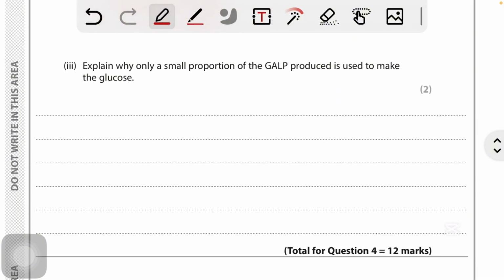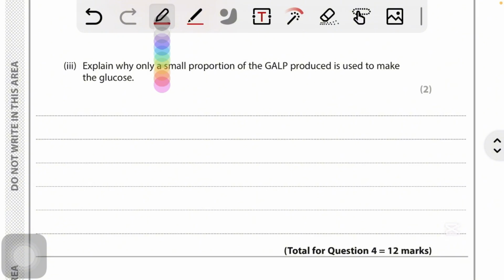Explain why only a small portion of the GALP produced is used to make glucose. It is because to continue the cycle, GALP must be used to regenerate RuBP.